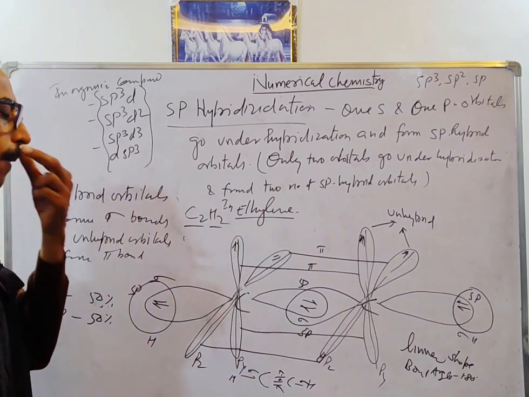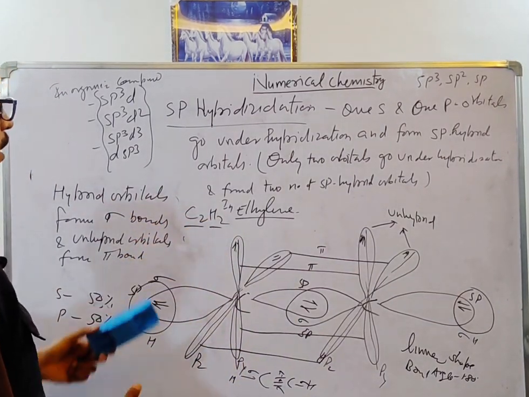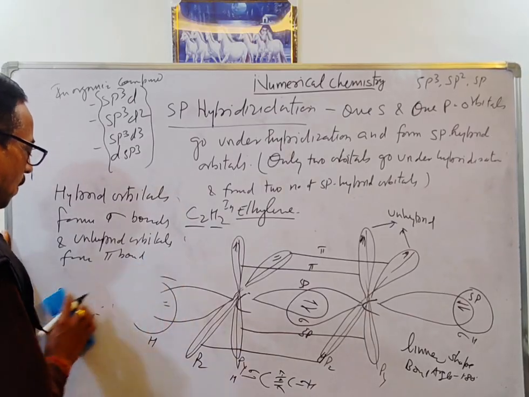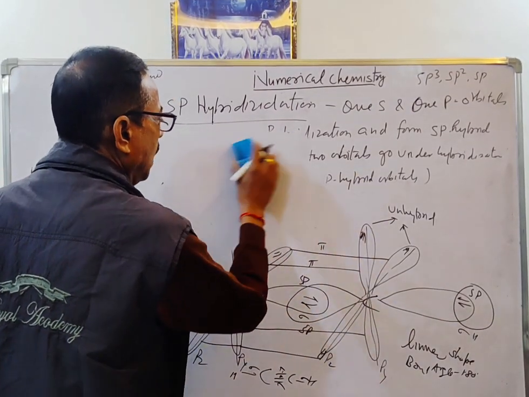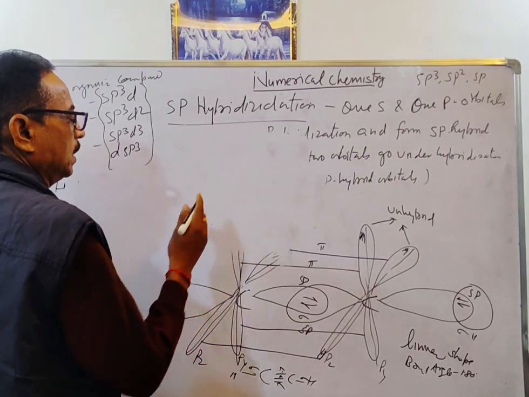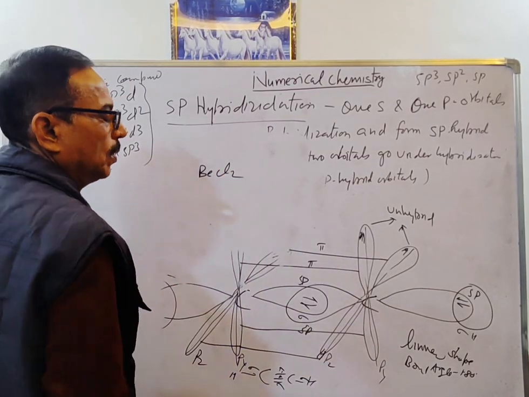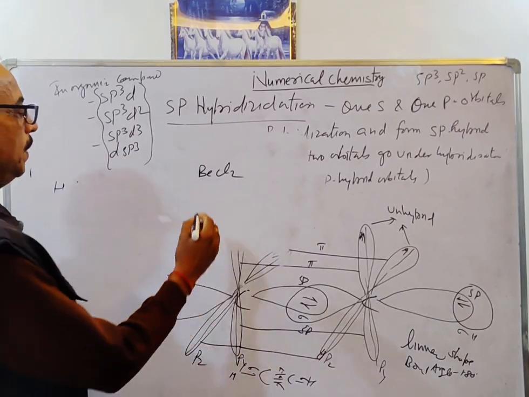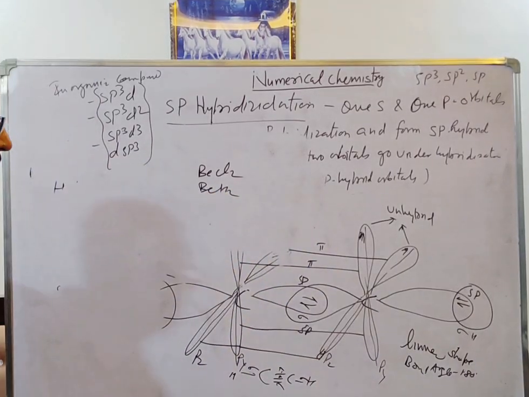So this is the example of sp hybridized orbitals. Like this in inorganic also, sp hybridization like BeCl2 or BH2 shows sp hybridization.